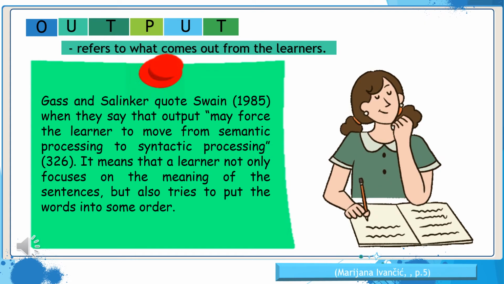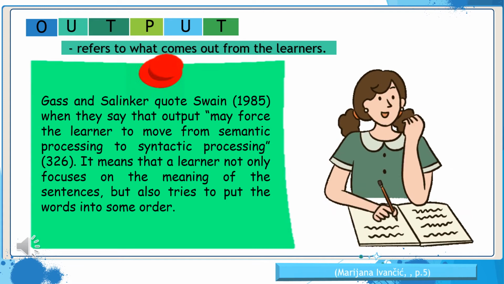Output would seem to have a potential significant role in the development of syntax and morphology. Gass and Selinker quote Swain when they say that output may force the learners to move from semantic processing to syntactic processing. What it means is that a learner not only focuses on the meaning of the sentences, but also tries to put the words into some order.